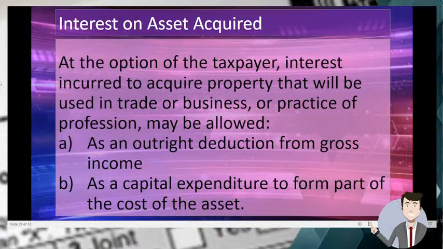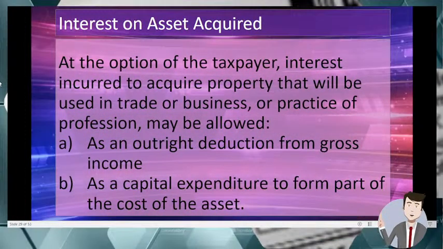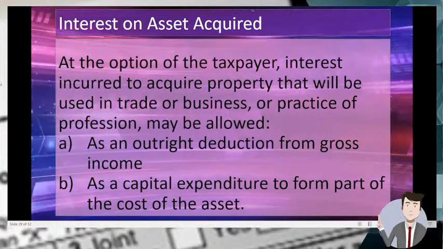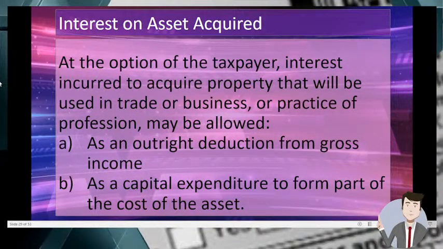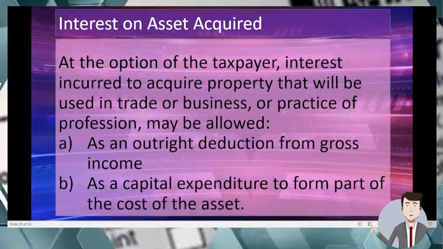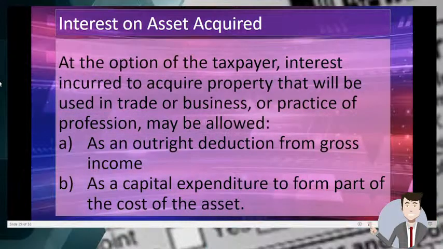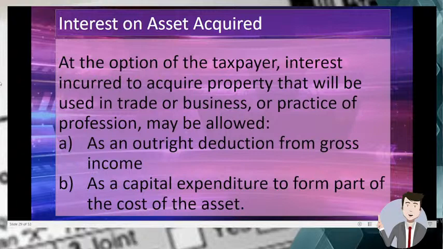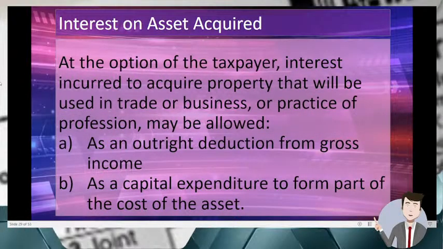Or it can be considered as a capital expenditure to form part of the cost of the asset. So in short, guys, if you bought machinery worth 10,000 on account for 2 years, and the interest, for example, is 2,000, the amount of 2,000 interest should form part of the cost of the asset. So instead of recording 10,000, which is the actual price of the equipment, you should include the interest. So instead of 10, you will record it as 12,000.